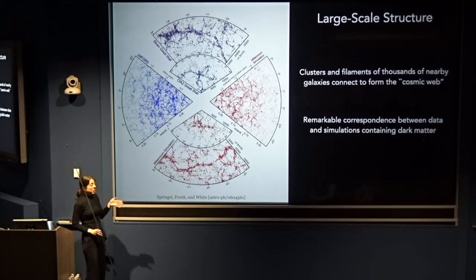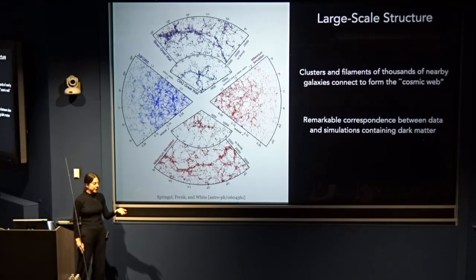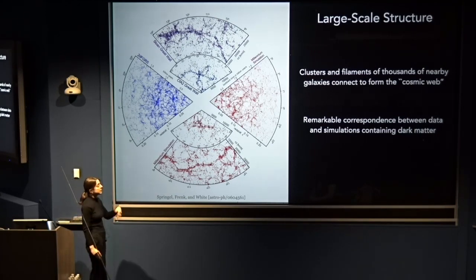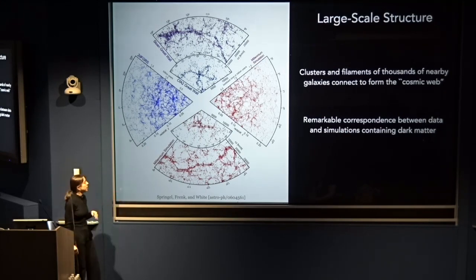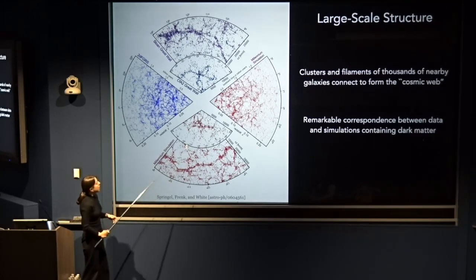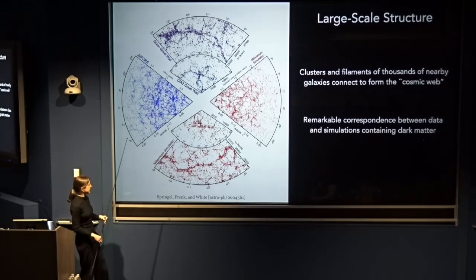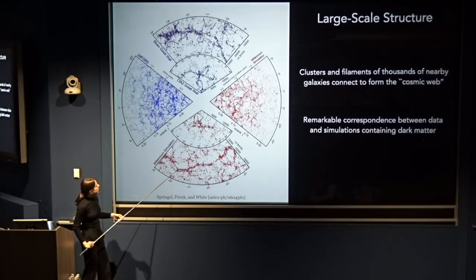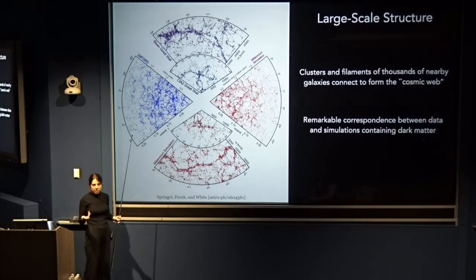And what's remarkable is that if we put into our theory of cosmological evolution the ingredient of dark matter, we can reproduce precisely that kind of web structure. The red and pink panels here are from simulations of roughly the same patches of sky, and these simulations include an additional component of dark matter.